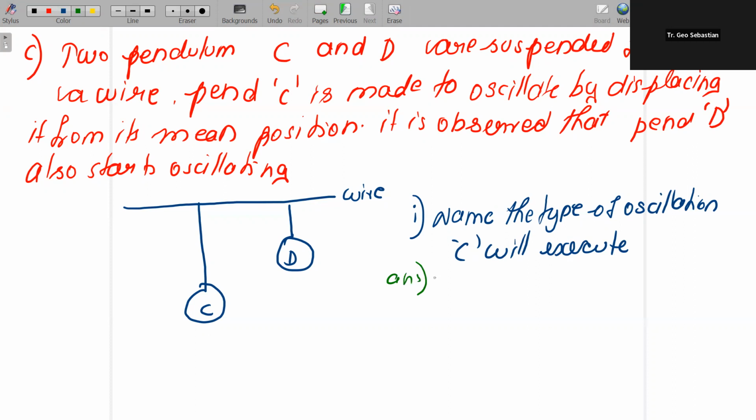What is that? Which oscillation? Free or damped vibration, right?